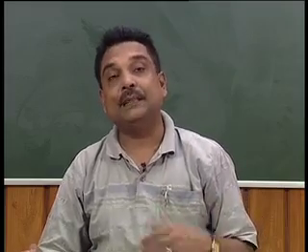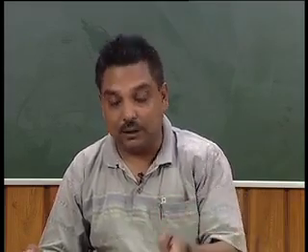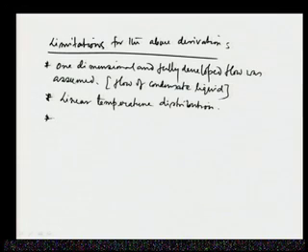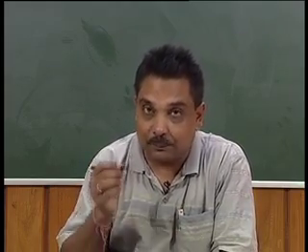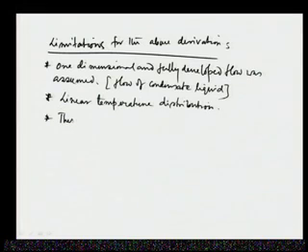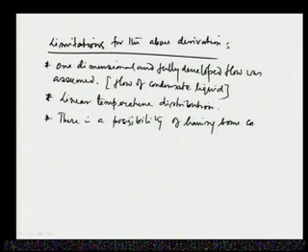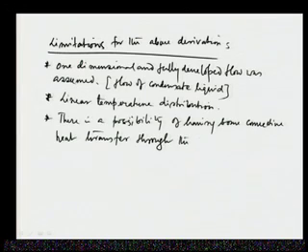That distribution can be different from linear; it can be a non-linear temperature distribution. And then the third limitation is the possibility of having some convection heat transfer through the film also. We have not taken into consideration the possibility of some convective heat transfer through the condensate liquid.